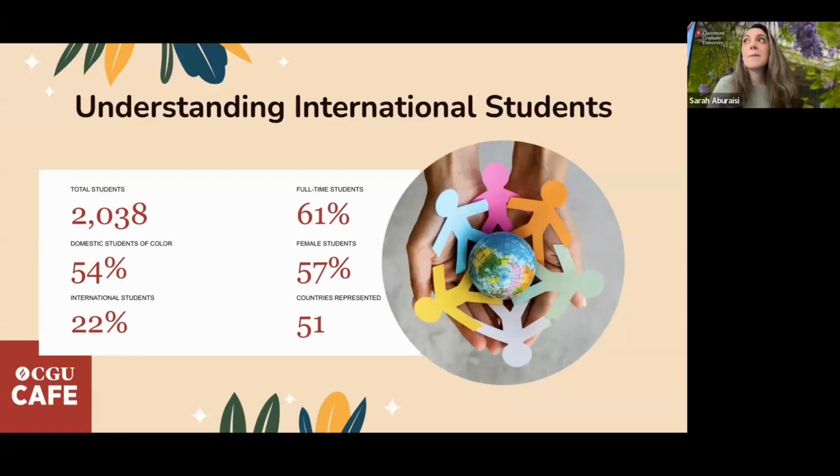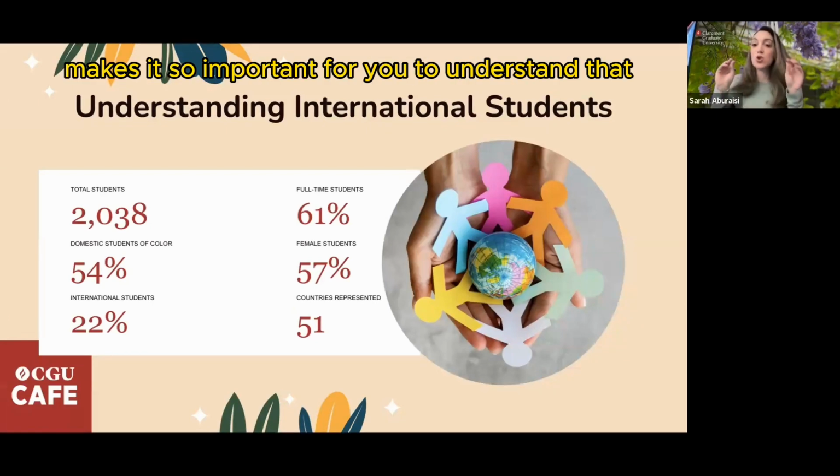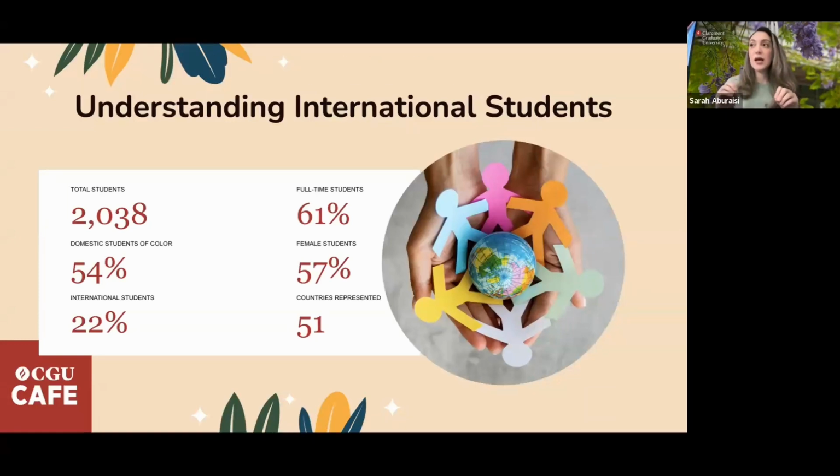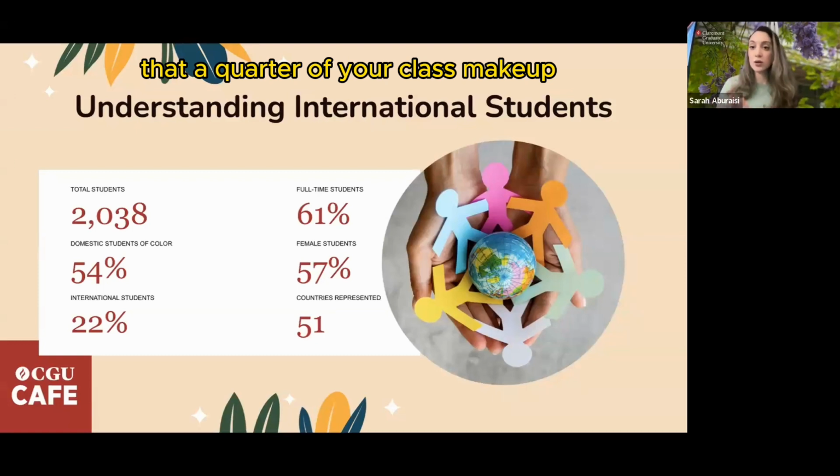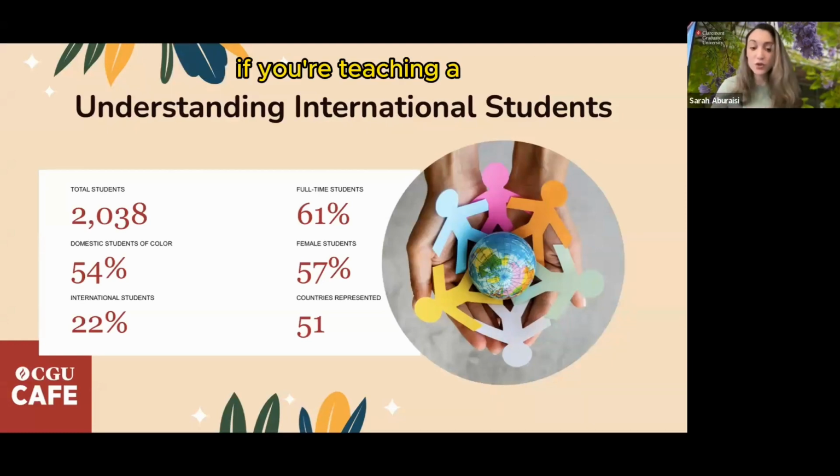This makes it so important for you to understand that it's highly likely that a quarter of your class are international students, whether that's 2 students or 20, if you're teaching a large class.